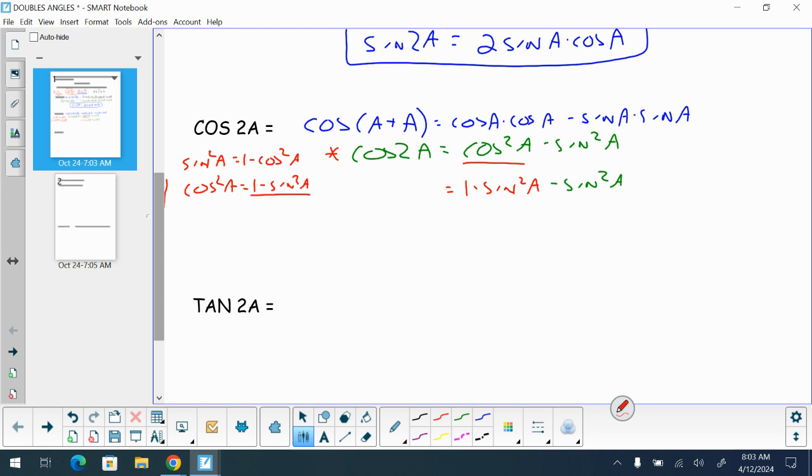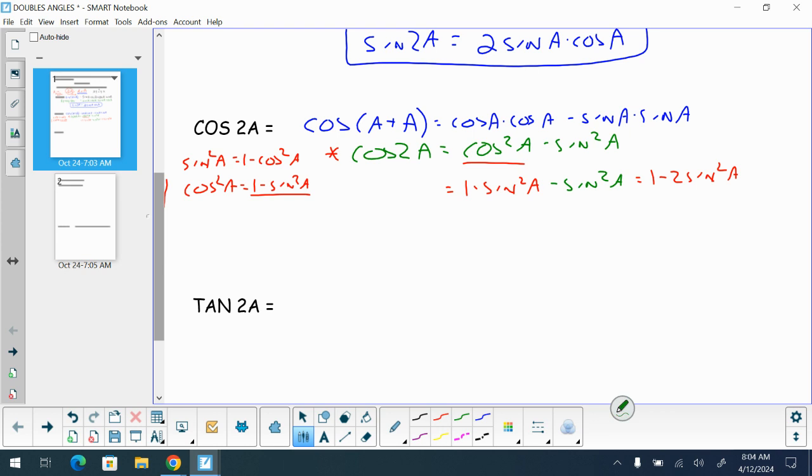So we have 1 minus sine squared minus another sine squared, which gives us 1 minus 2 sine squared of A. And we could also replace the sine squared with 1 minus cosine squared.